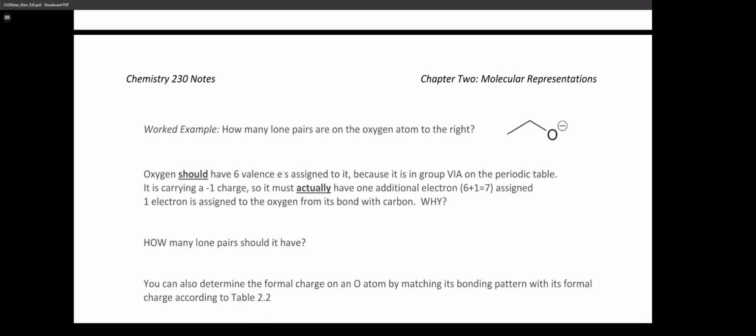So that would be 6 minus 1 bond minus X equals -1. 6 is the valence of oxygen, 1 for the bond, -1 for the charge. So what does X have to equal? X equals 6, which means I have 3 lone pairs. 3 lone pairs, right?